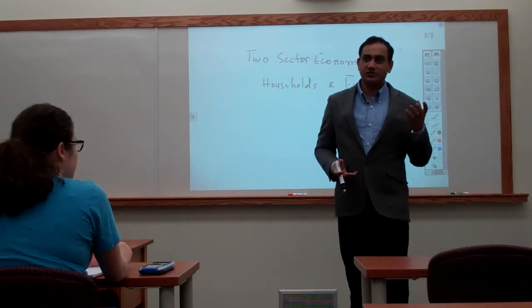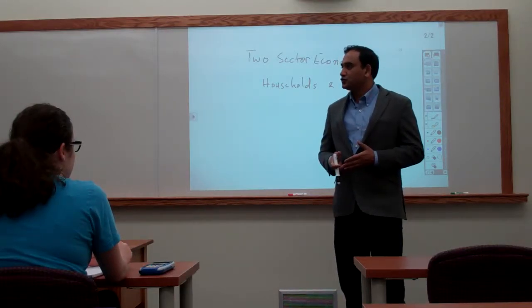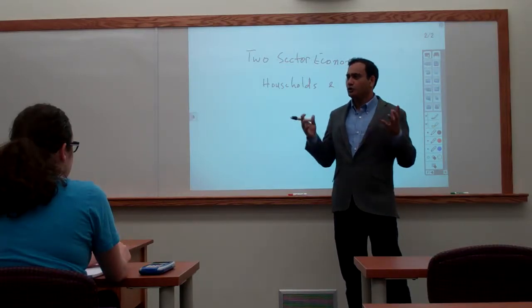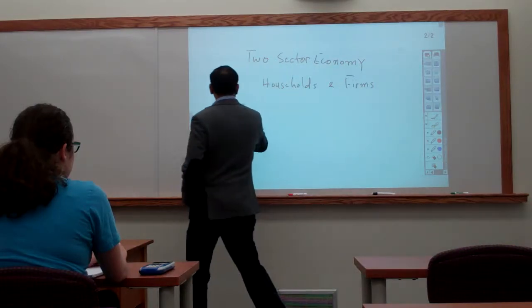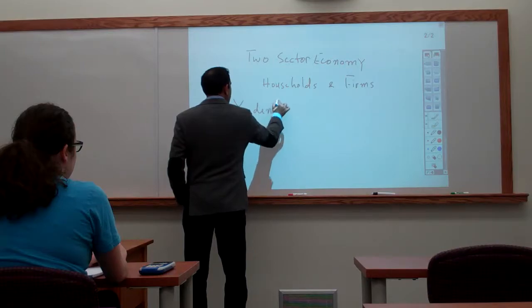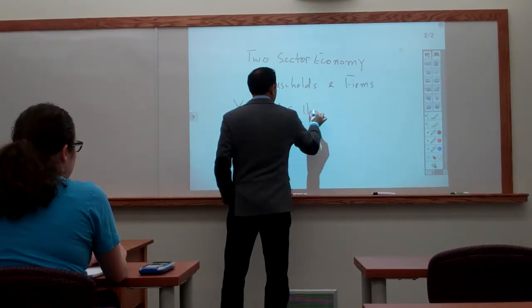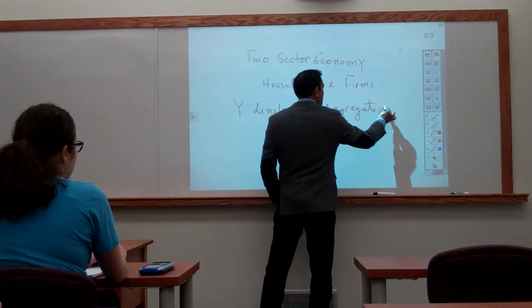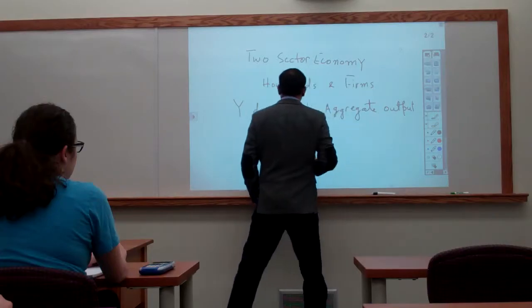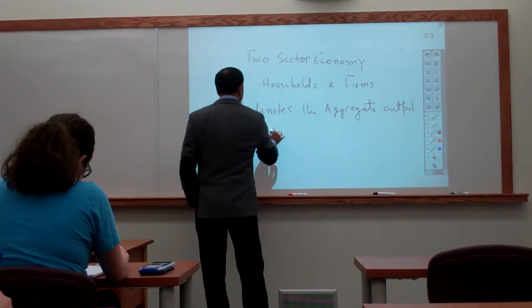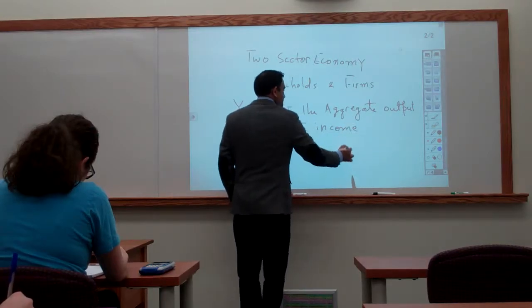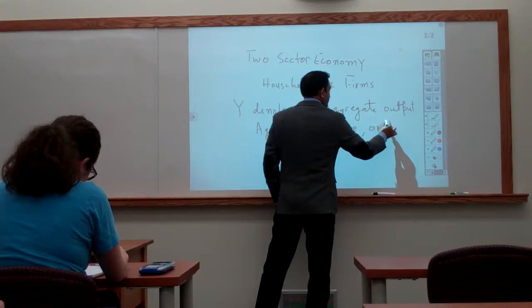So we'll denote GDP, real GDP, or the value of aggregate output, or aggregate expenditure, or aggregate income, all those things by a letter Y. So let's say Y denotes the aggregate output, aggregate income, or real GDP.